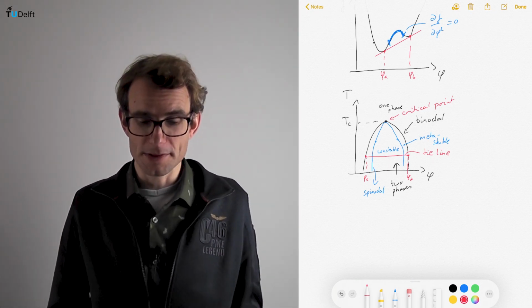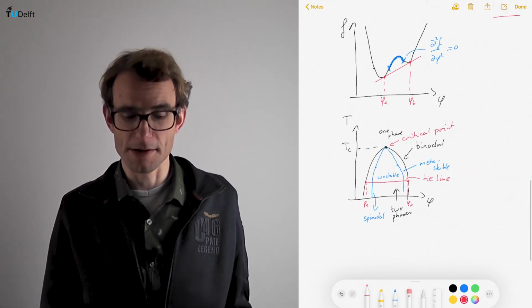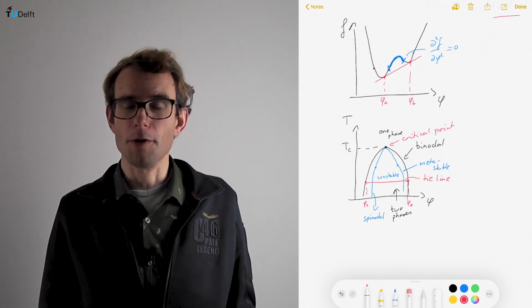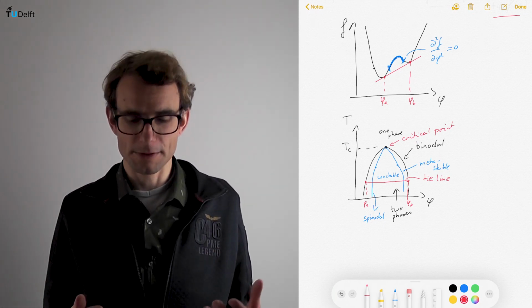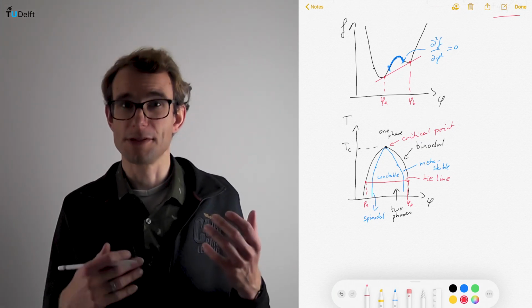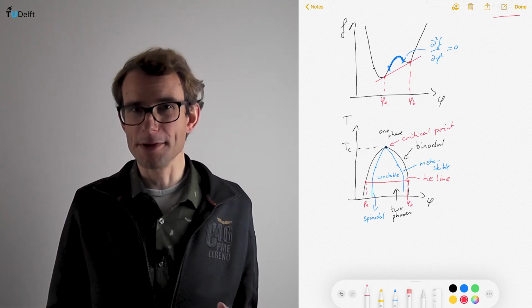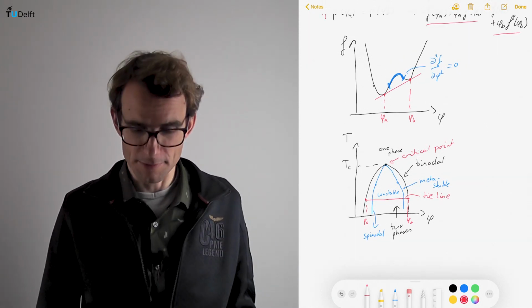Obviously, at the critical point, the second derivative of the free energy will vanish because it's a point on the spinodal. But it's also where we go from a curve which has a single minimum to a curve which has 2 such minima. And that means that at the critical point, we also have 1 higher order derivative that vanishes.